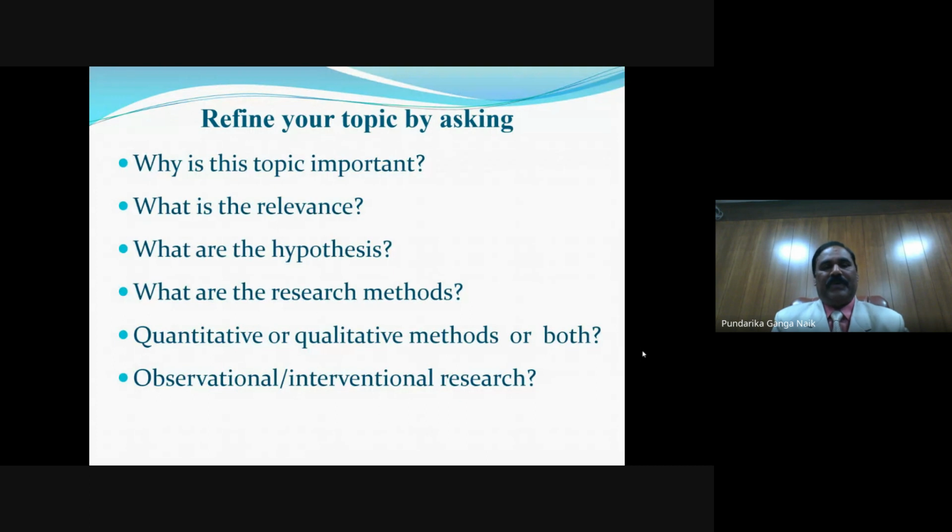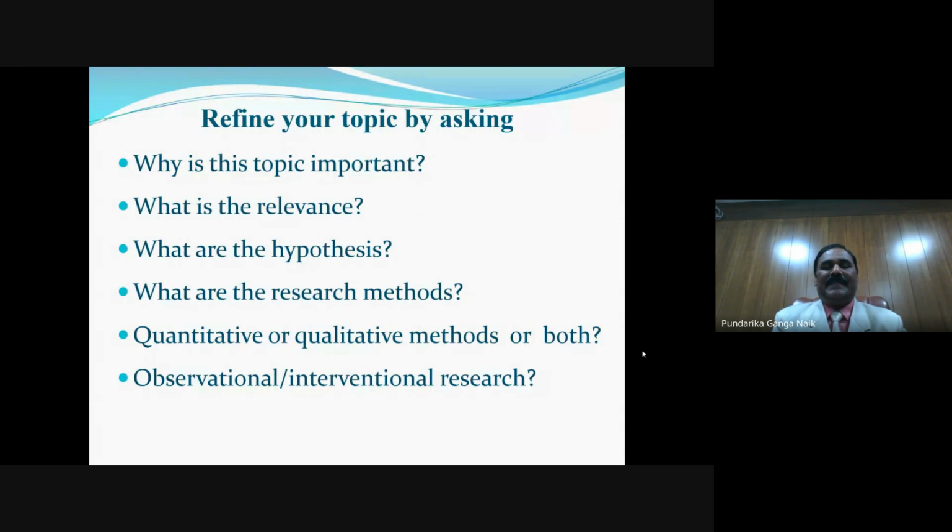As I said before, a hypothesis is where you predict what would be the outcome of the research. That has to be highlighted. And whatever the research gap through which you are continuing the research, you may come out with a different hypothesis. So you can predict different hypotheses out of the proposed research work.